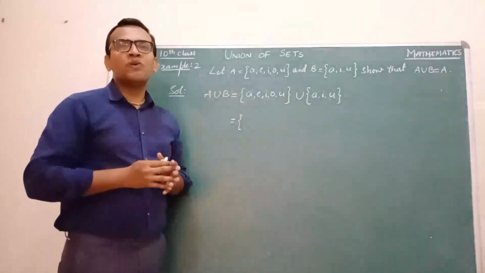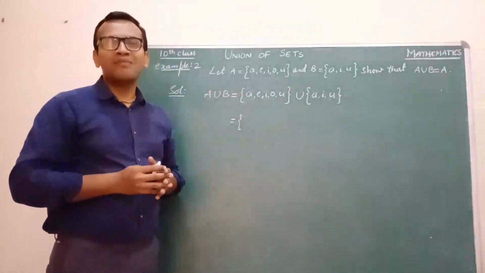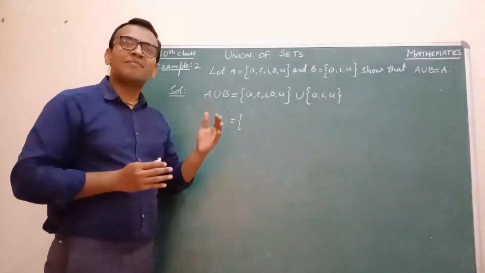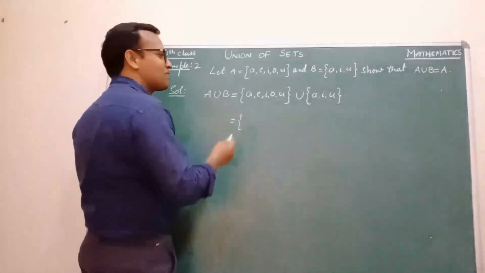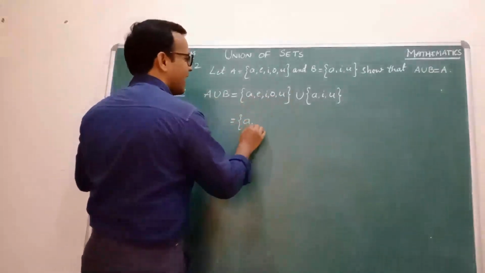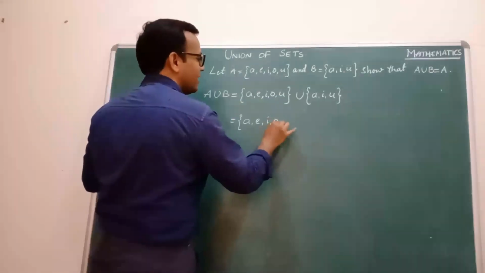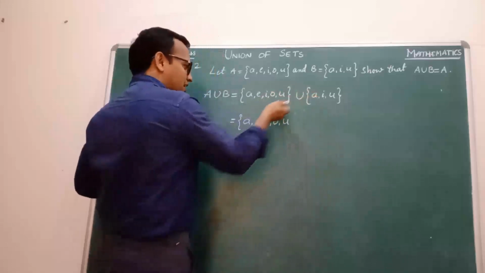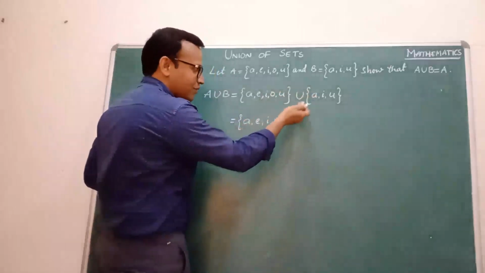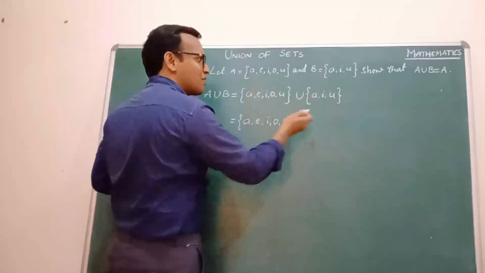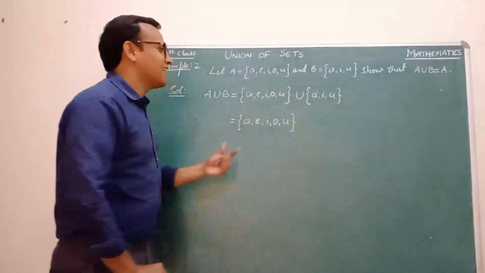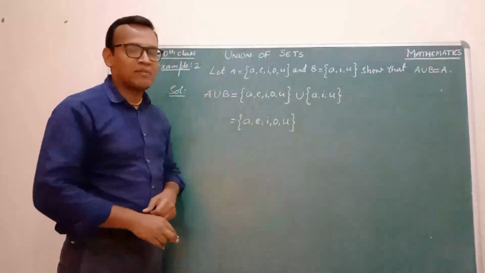We already know that A union B is nothing but the set of all the elements of A and B. Now let me write all the elements of A and B: A, E, I, O, U, and then again see here, A is already written. So A already came, I is also there, U is also there already. Then this is the union of A and B.